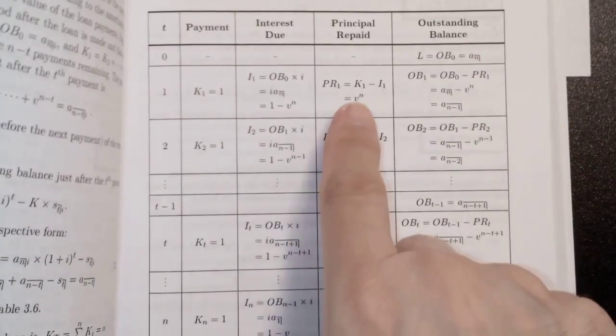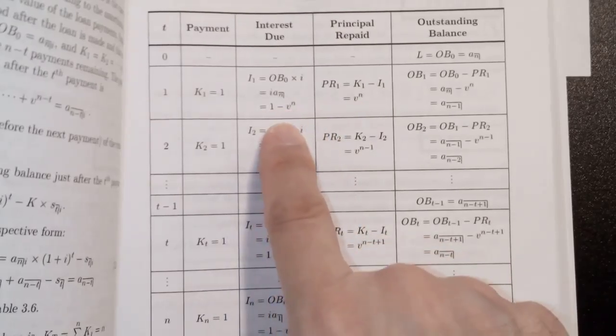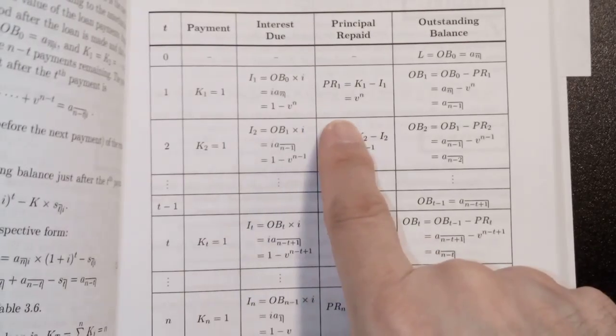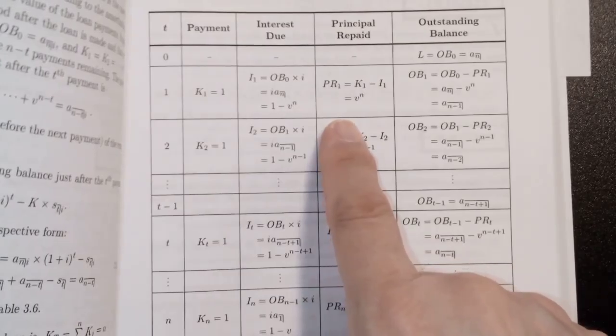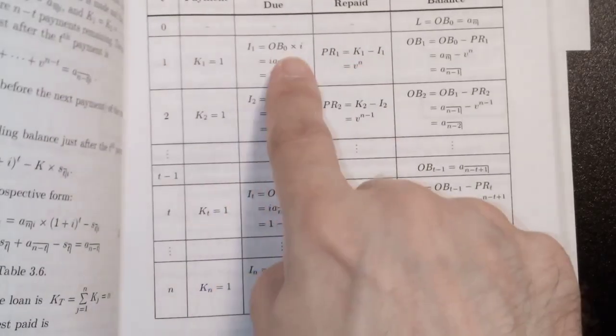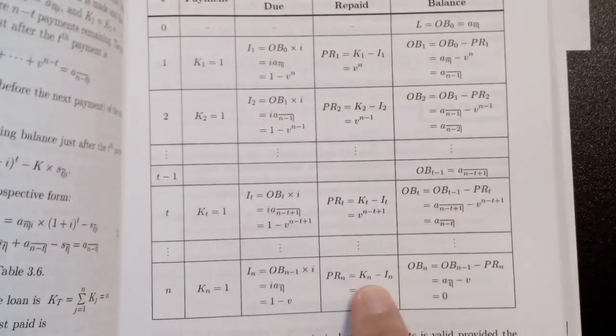It means that the interest is going to be i times A_n. Wait a minute, that's 1 minus (1 plus i) to the negative n. And that means the principal paid is (1 plus i) to the negative n. So here's what happens. Over time, this number goes down and this number goes up.